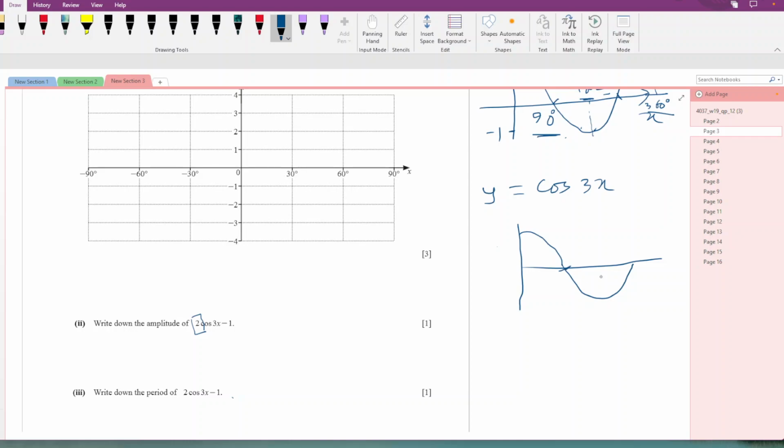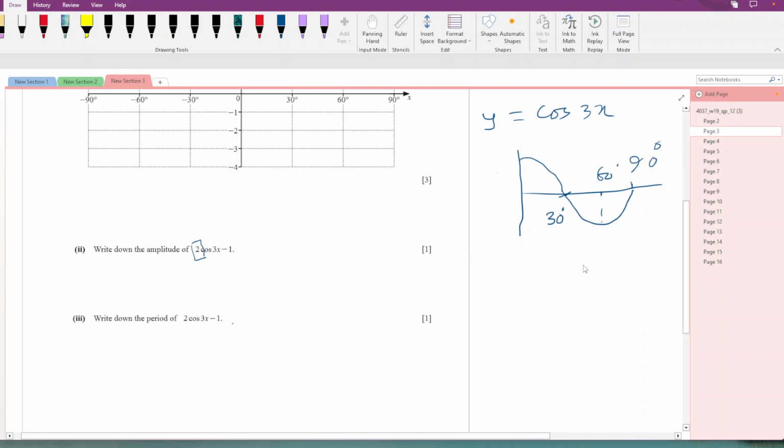Here is 30 degrees, here is 60 degrees, and here is 90 degrees. Now consider 2 cos 3x.